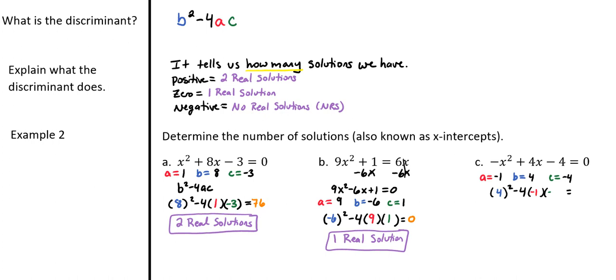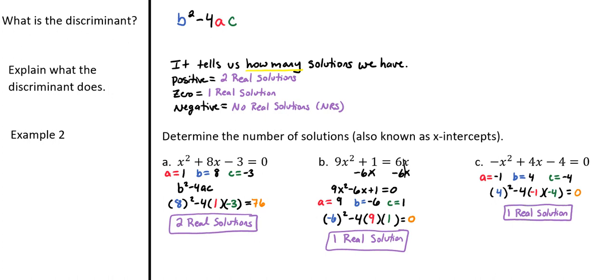Plugging that into our discriminant, and then plugging that into our calculator gives us a value of 0. Which is one real solution.